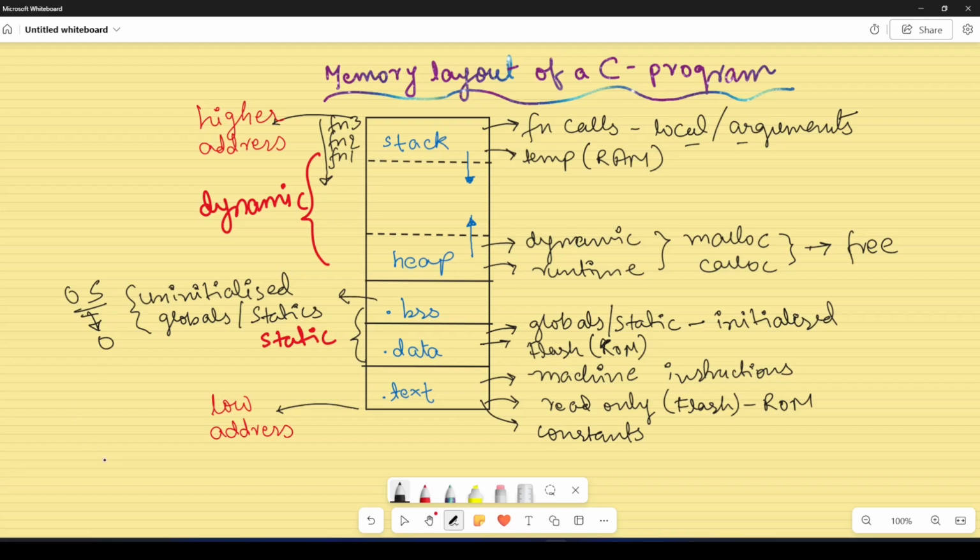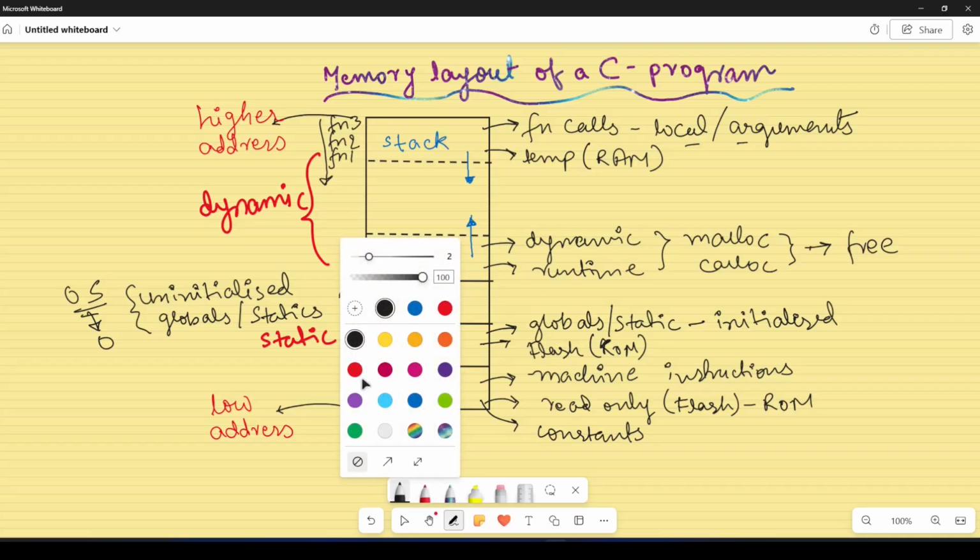So what we have understood in this memory layout of a C program is that we need to properly and efficiently manage the memory. For example, in multimedia systems we have a lot of memory spaces to be handled, right?